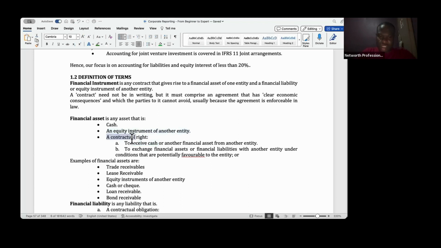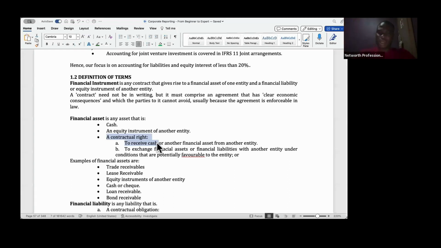But is this third one I'm looking at? Can a motor vehicle give an entity a contractual right to receive cash? Because if it can, then a motor vehicle can also be a financial asset.